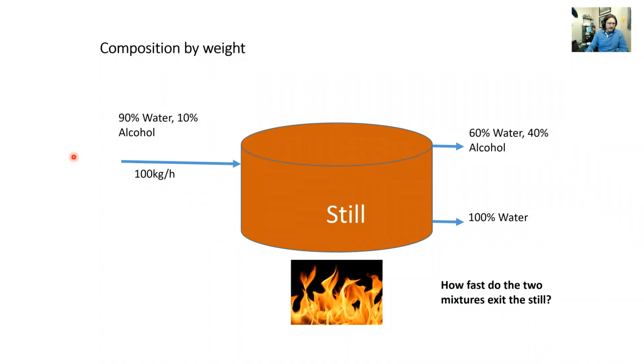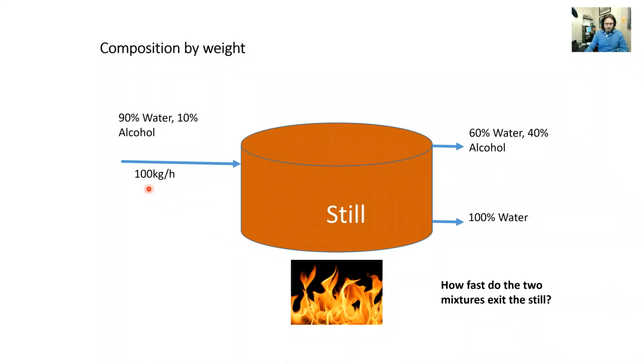So we have a mixture of 90% water and 10% alcohol coming into a still. We're not doing energy balance problems right now, so we're not worried about how much heat is being added to the system. But we have this, and hopefully you realize that this is mass flow rate, M with a dot.